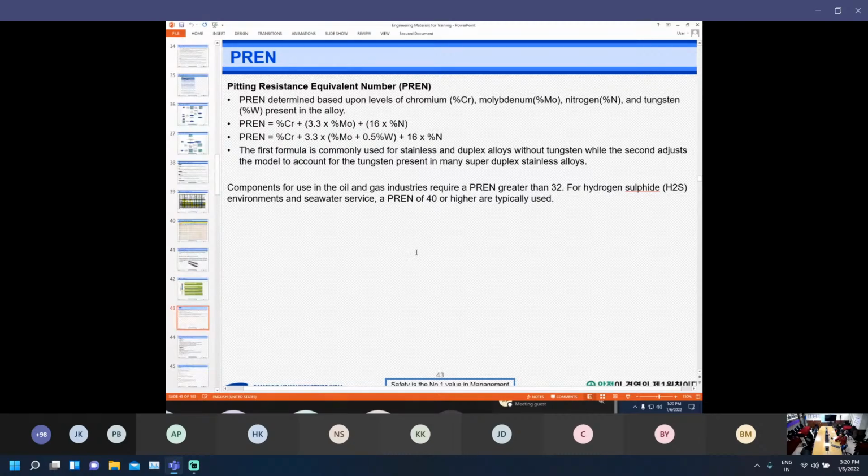One term that you will come to know while studying is the PREN number. That is called the pitting resistance equivalent number. There are two formulas you can use to determine the PREN number. If the PREN number is higher, it means good resistance to pitting.